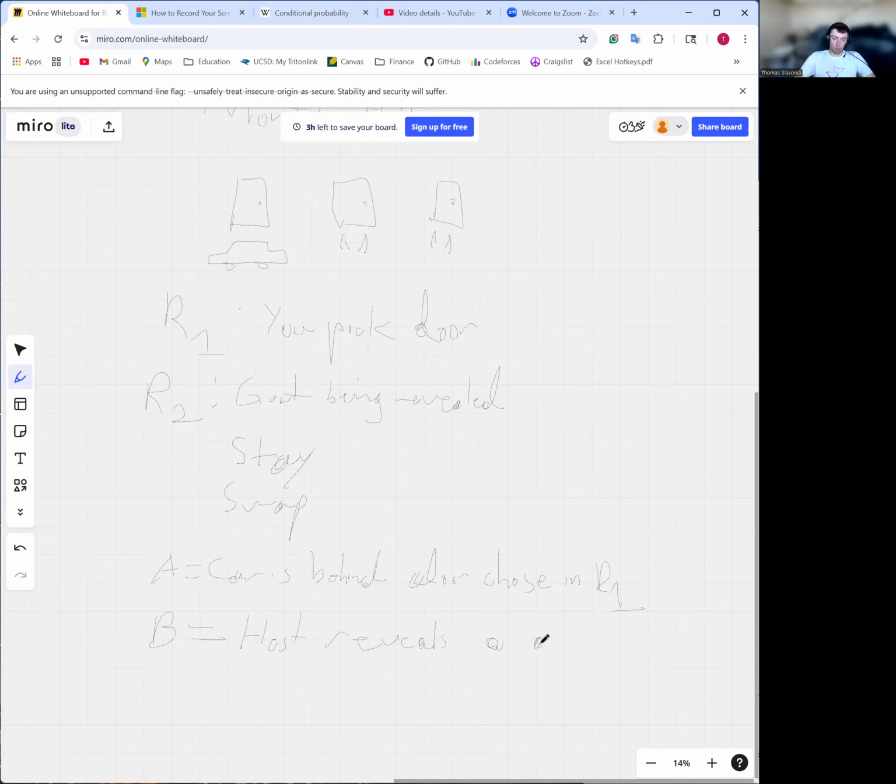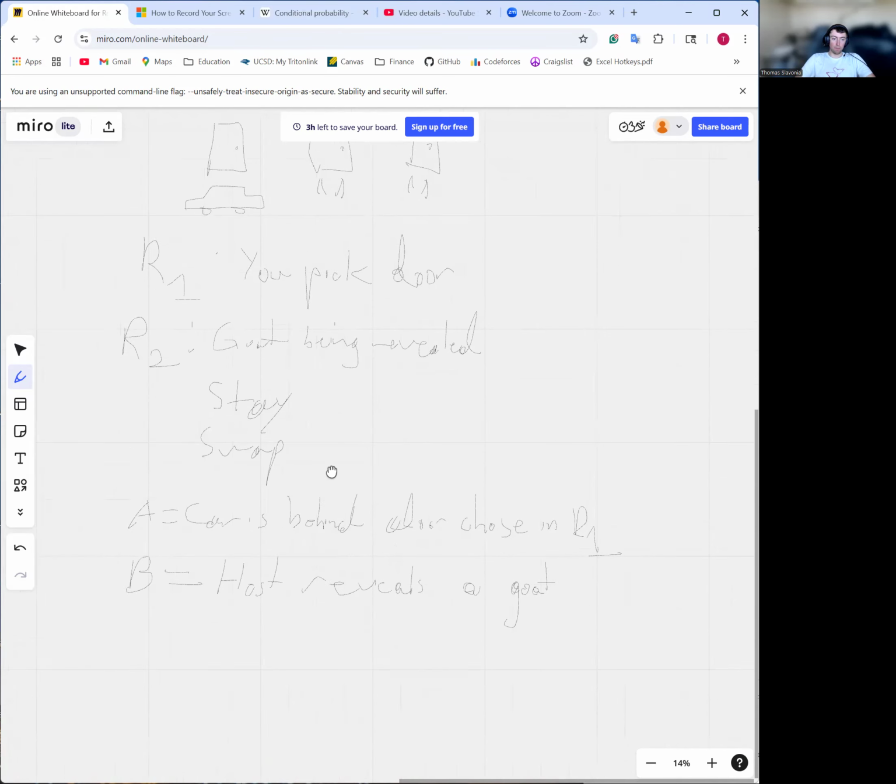And the host will not reveal a goat behind the door you chose, right? As stipulated earlier in the description of round two.